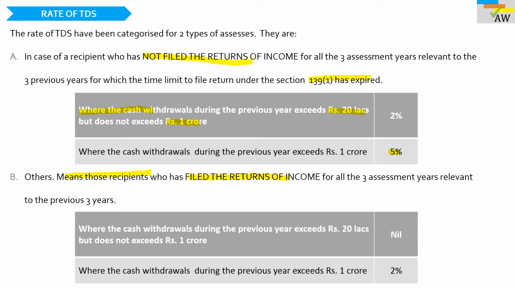The rate of TDS is nil. Where the cash withdrawals during the previous year exceed rupees 1 crore, the rate of TDS has been set at 2% for them. So we can see that recipients who have been filing their return of income with the income tax department are in a better position in comparison to those who have not filed their return.